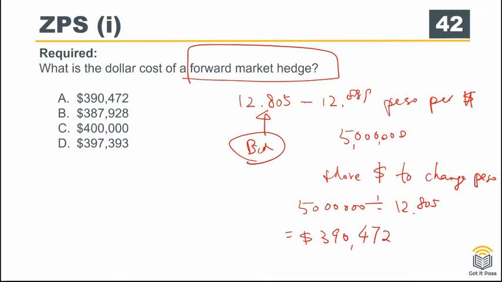So in the question, option A is exactly the same as what we worked out. The most important part in this question is that you have to choose the correct forward rate for the conversion, because you have a 5 million peso exposure in 6 months' time. It is the transaction exposure.